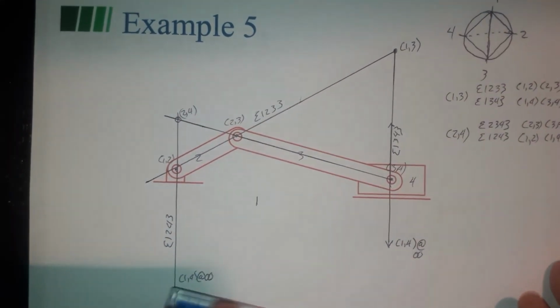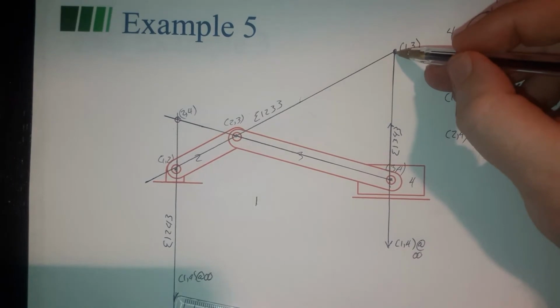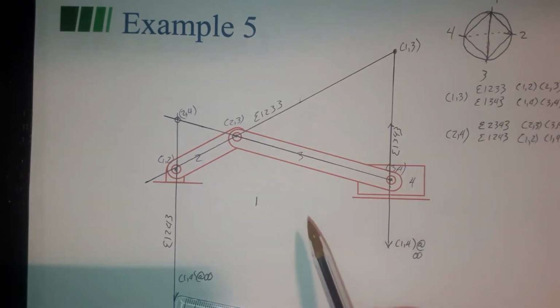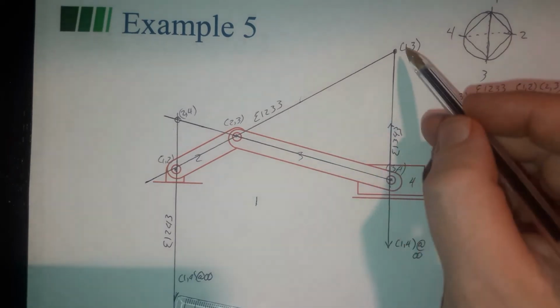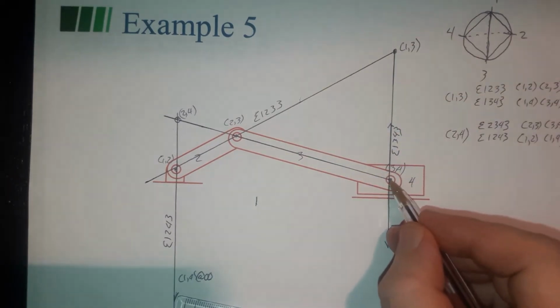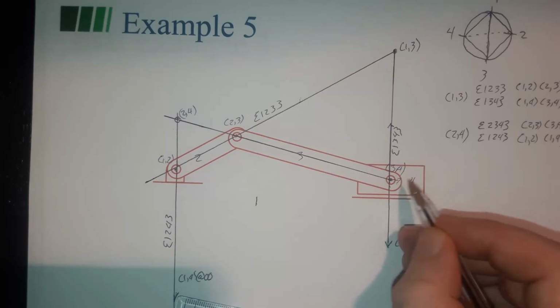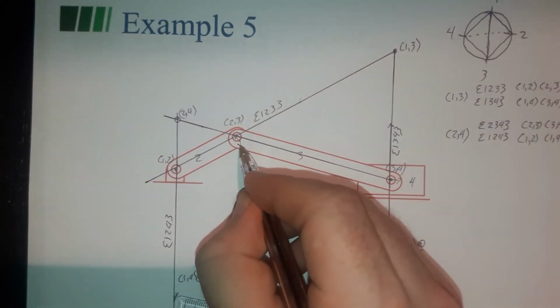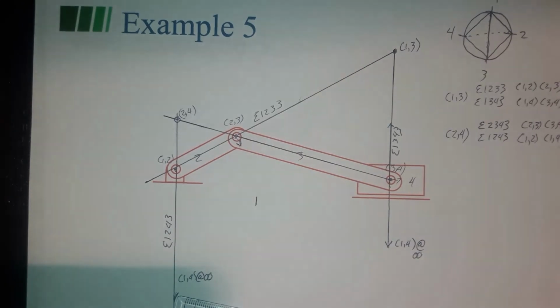Now that I've found it, just a comment on what they mean. 1, 3 is a point that acts like a pin joint at this instant between ground and link 3. So the way you can think of it is at this instant in time, link 3 is rotating about that point. So maybe this point is going that way, and this point is going that way.